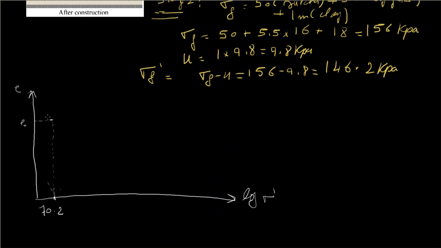Here we have sigma dash pc. Then once we cross the sigma dash pc, which is 100 kPa, we would change into a different slope.